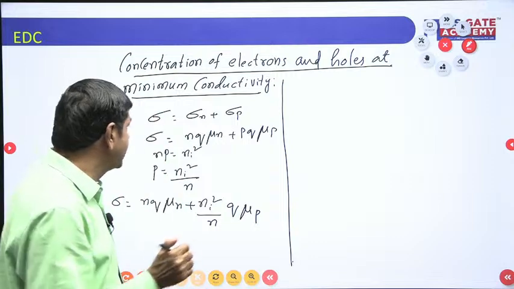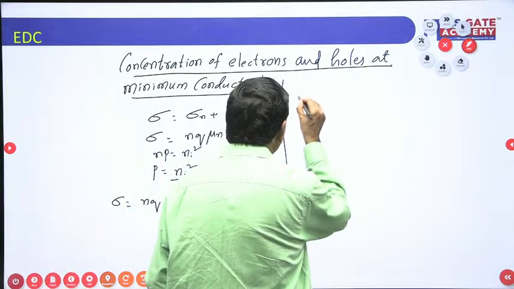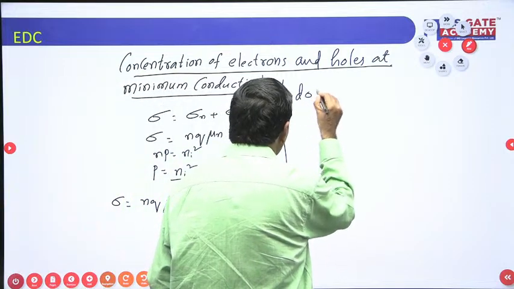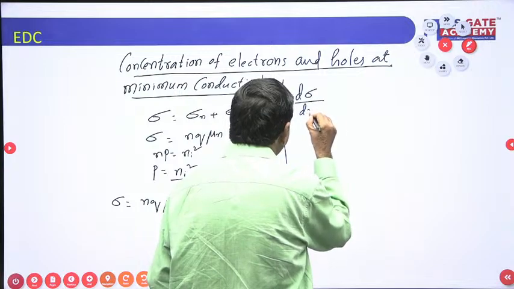At minimum condition, first differentiate with respect to n, d sigma by dn I want to take.